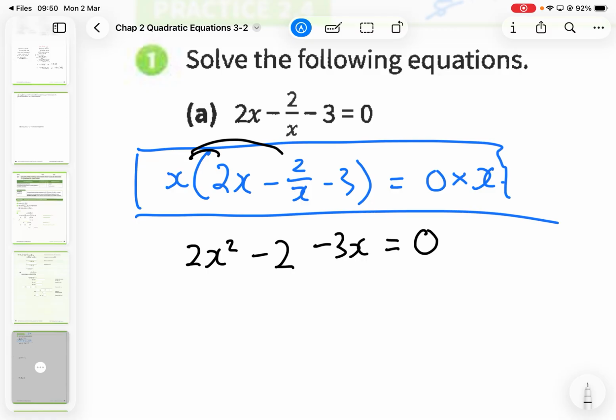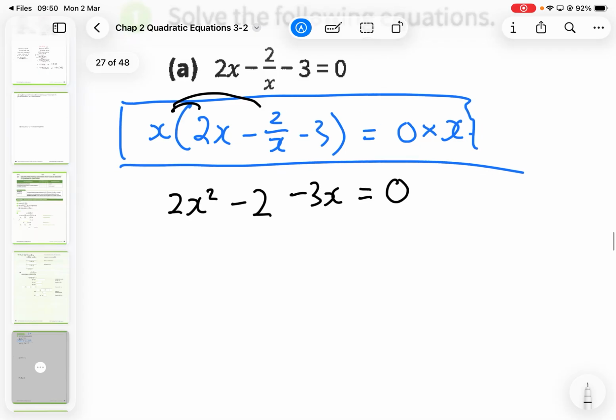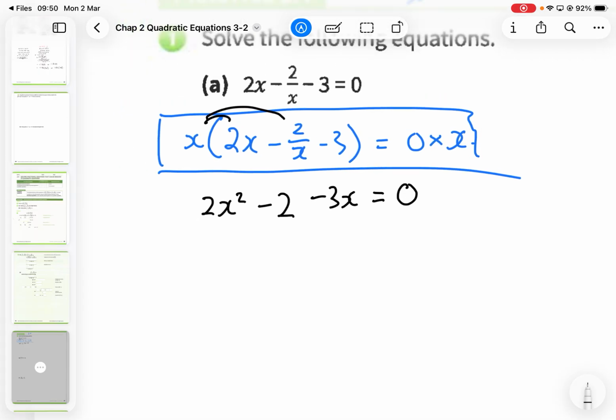But I cannot apply my formula yet, because to apply my formula, I must have x squared followed by x followed by a number. So I must rearrange a bit.